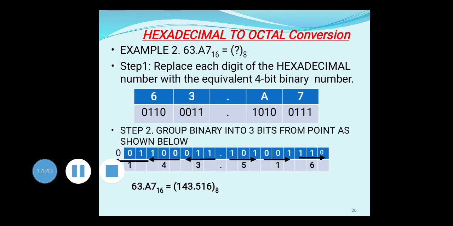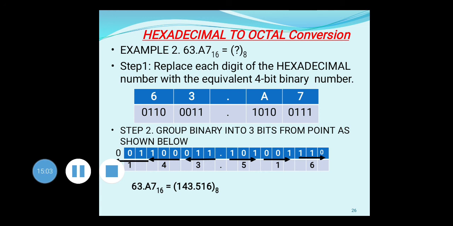Now I will take another example for hexadecimal to octal conversion. So here the second example is 63.A7. In this, 63 is the integer part, and A7 is the fractional part.